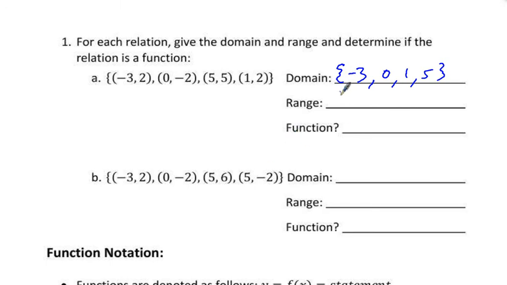And all of the y values would be a part of the range, again in increasing order. Negative 2, 2, and 5. Notice the 2 repeats in the y values. That is okay, but we don't need to list that positive 2 twice. We can just list it once.